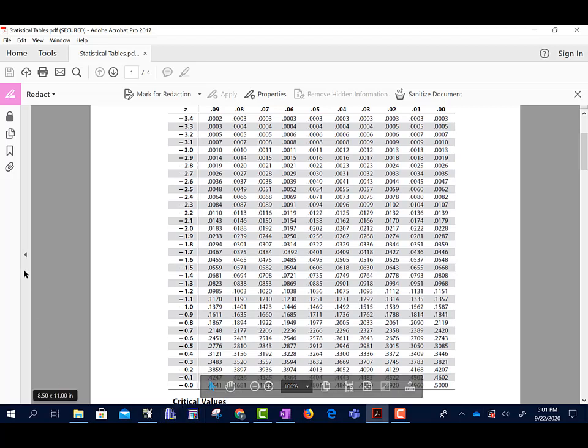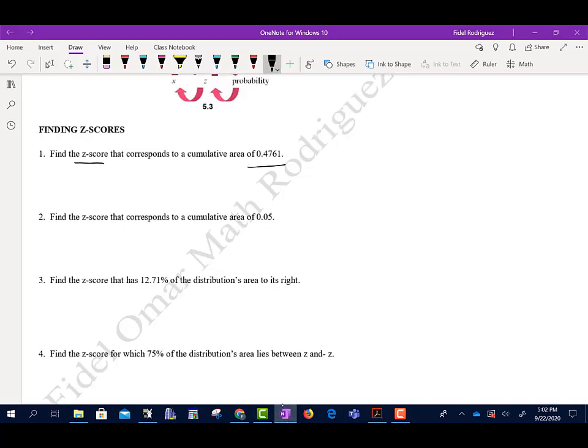If I look right here, there's 0.4761. And what is the z value? It looks like it's going to be negative 0.06. So I would say z is equal to negative 0.06.